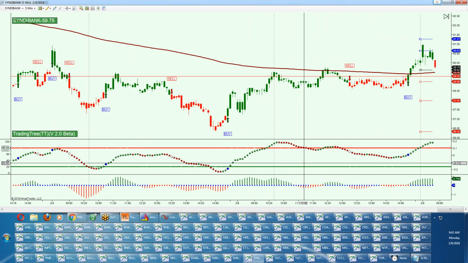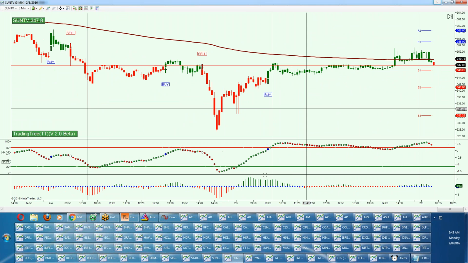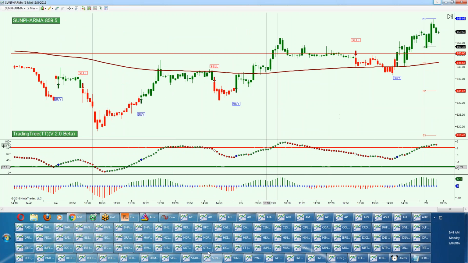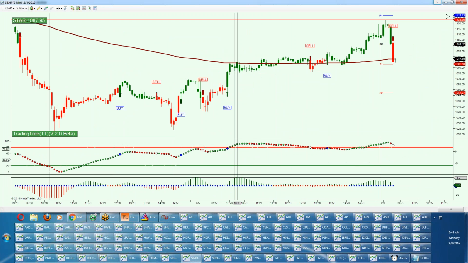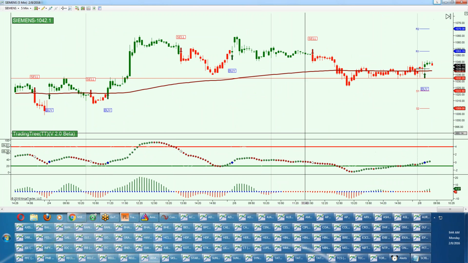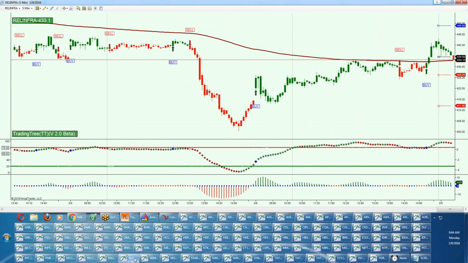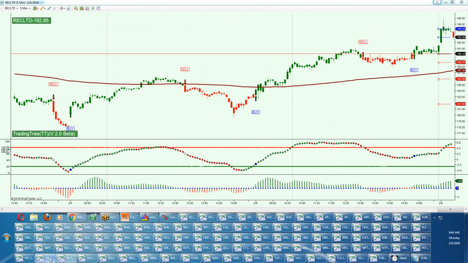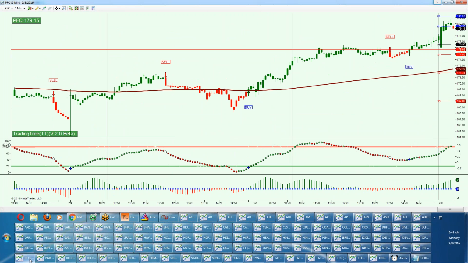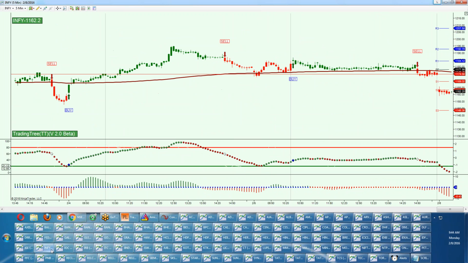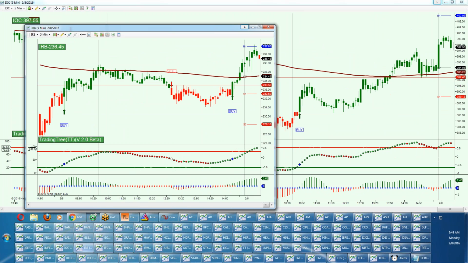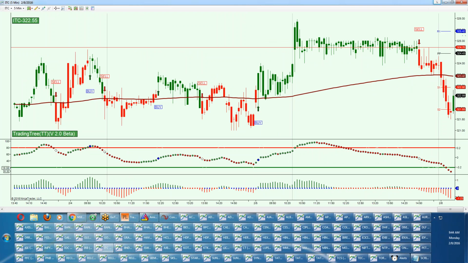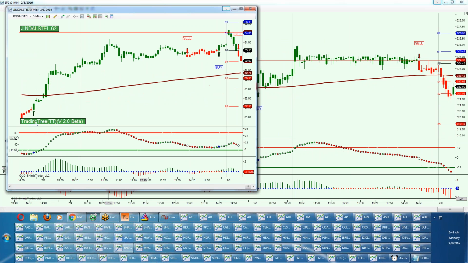We should be getting a sell call in Syndicate Bank. So that's already executed.